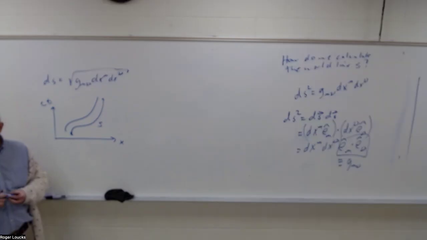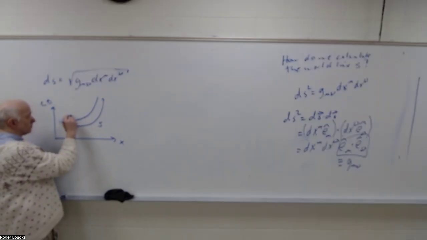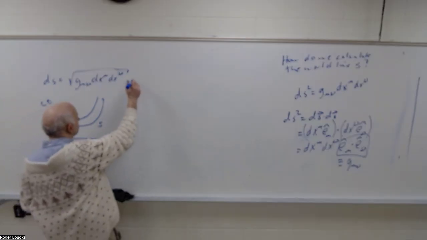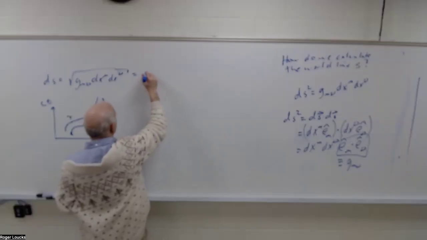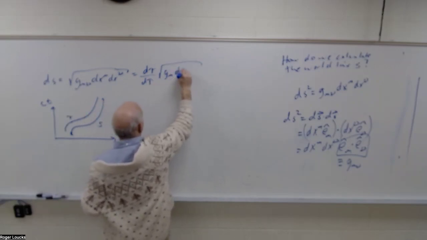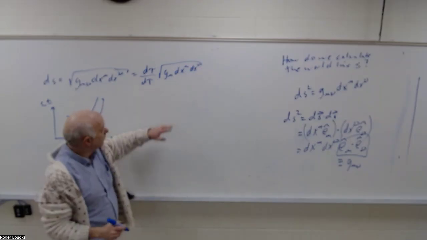So what might be a good parameter to integrate along there? Well, it's going to be the proper time. Why would I use the proper time? Because the proper time is a Lorentz scalar. So I'm going to specify any point along here in terms of tau. I'm going to put a d tau on the top and a d tau on the bottom, and take the d tau on the side here.